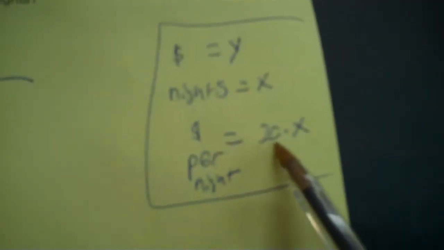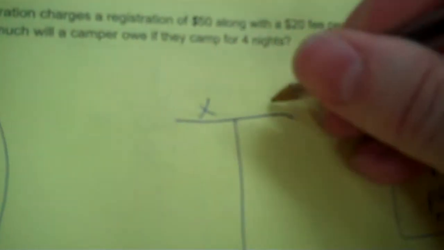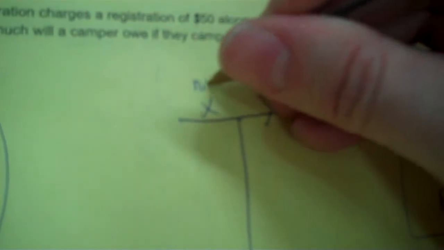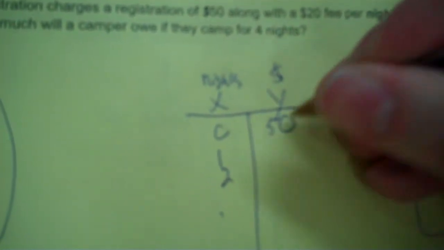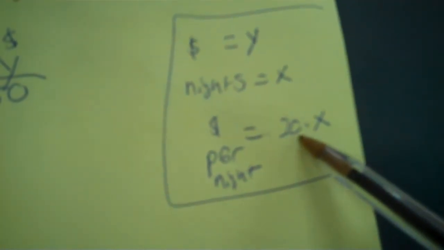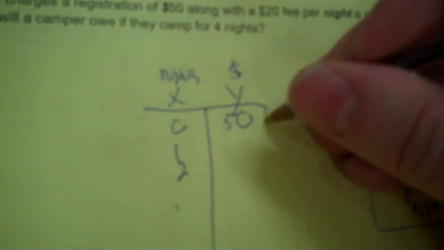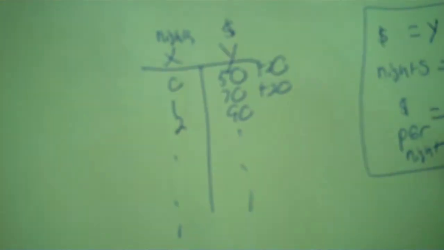So x, y, nights, dollars, 0, 1, 2. So far we start with $50. But now we're not going to take away 20. 20 is positive, so we're going to add 20. Because after the first night I'll pay 70. After the second night I'll pay 90. And it goes on.